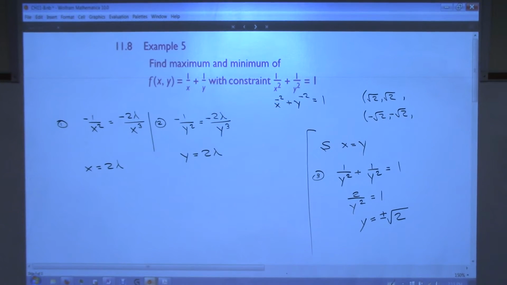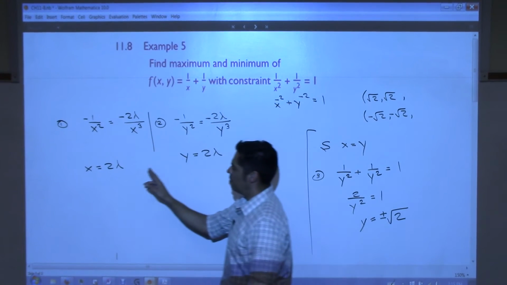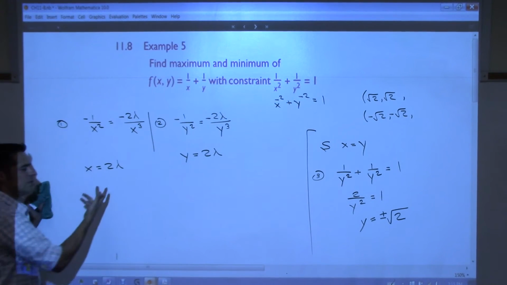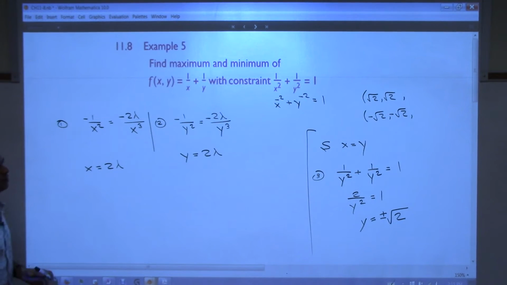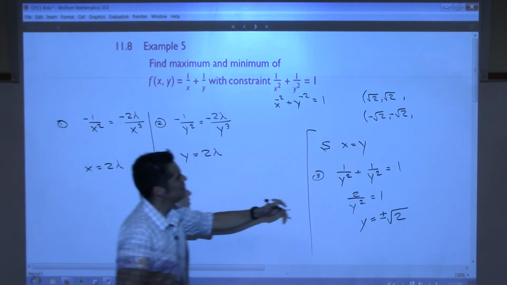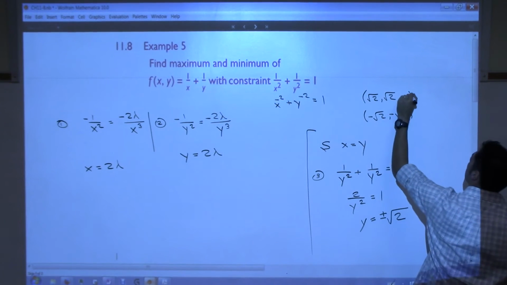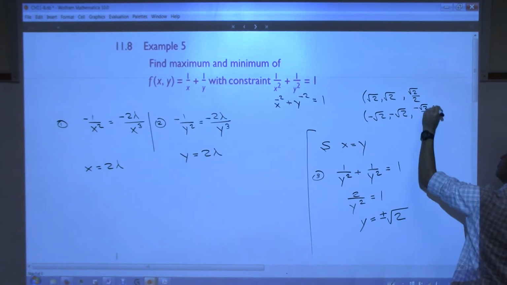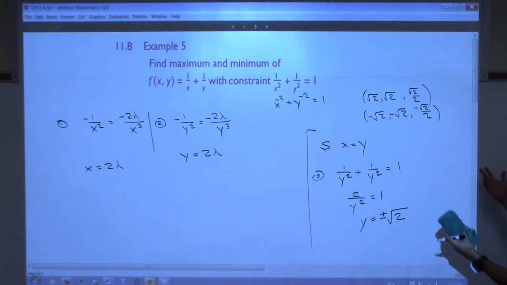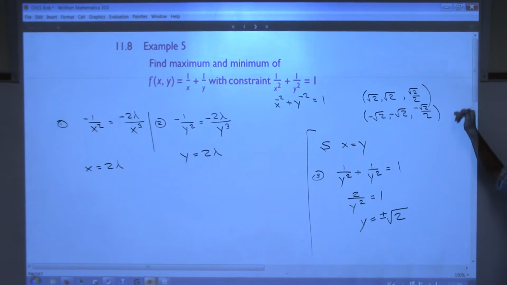I think the lambdas are going to be pretty easy to get, right? If I solve both of those for lambda, it's just our x-coordinate divided by 2 or the y-coordinate divided by 2. But since the x and y are the same, this one will be root 2 over 2 and then negative root 2 over 2. So far, just two points that I need to consider, right?